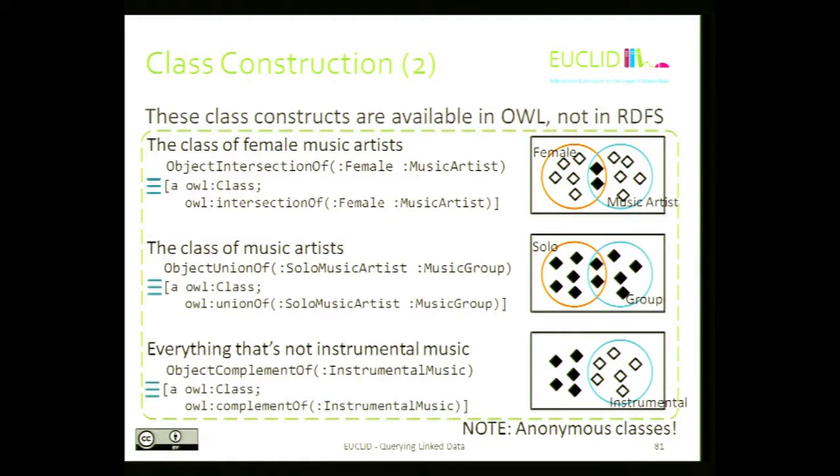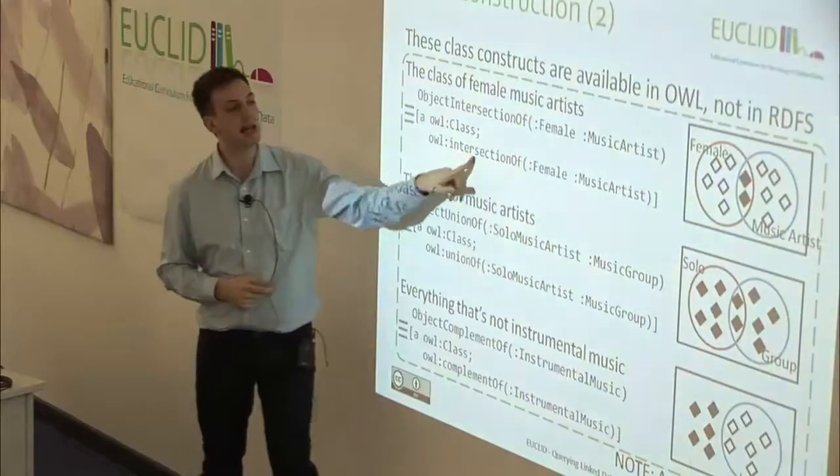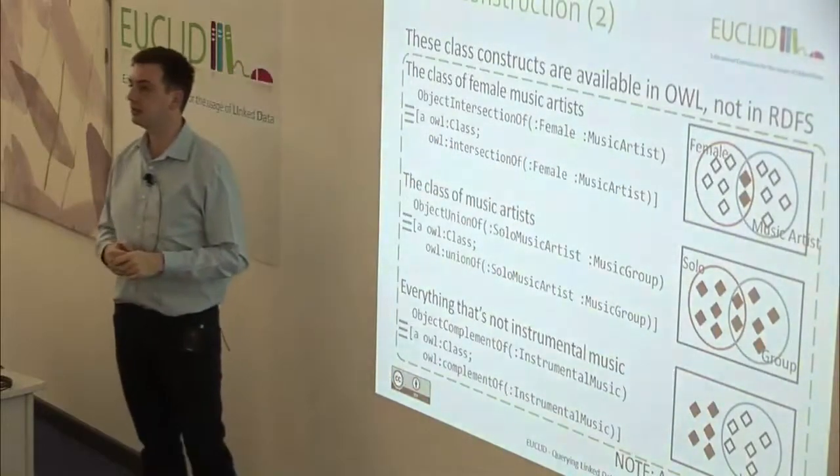We can do more interesting things with classes. In general, class construction will make an anonymous class. That's a blank node, which is a class itself, and has RDF type or membership properties with our resources. So if we take, for instance, classes female and music artist, and we make an anonymous class, a blank node, which is a class that's the intersection of those two things, okay?